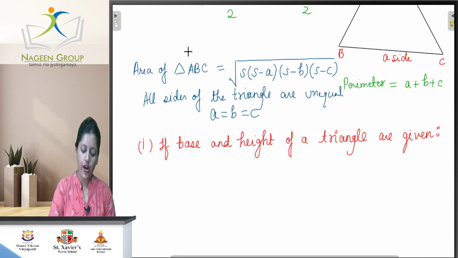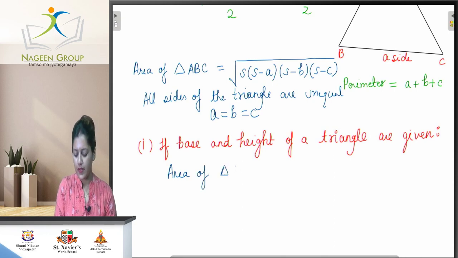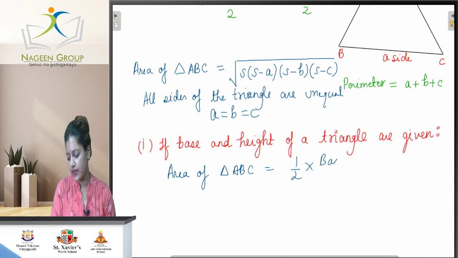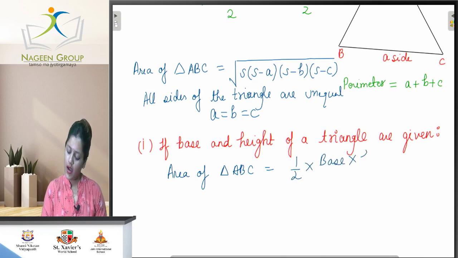Then the area of triangle ABC is equal to half base into height.